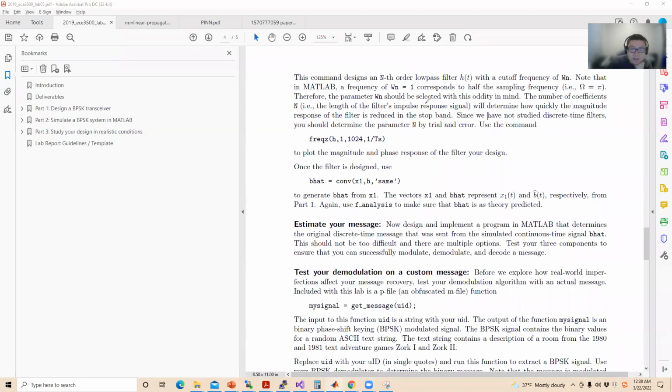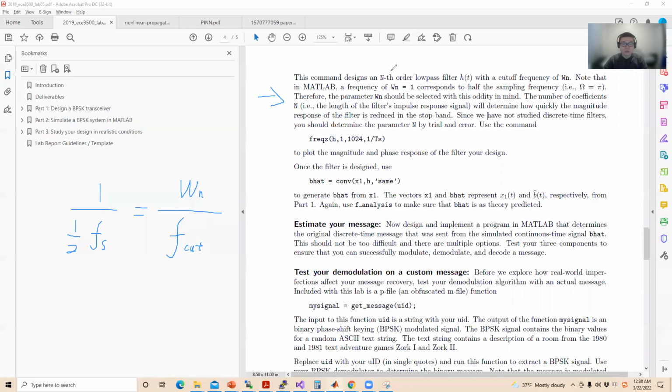According to this introduction, 1 corresponds to half of the sampling frequency, so the omega n you should choose corresponds to your cutoff frequency.